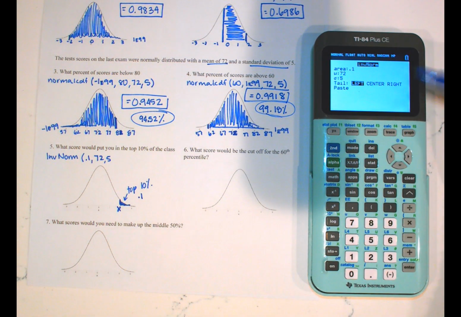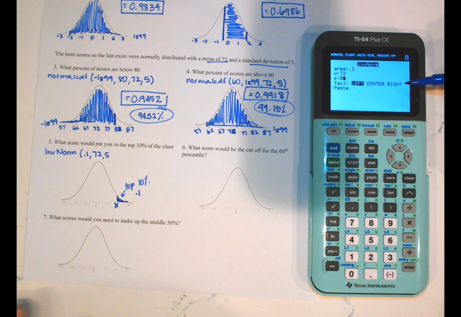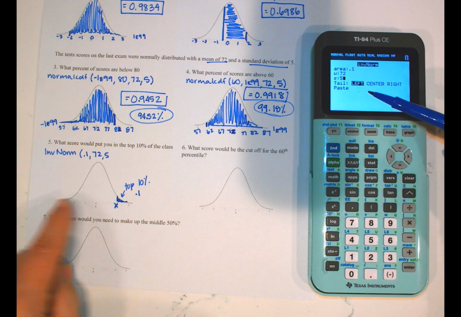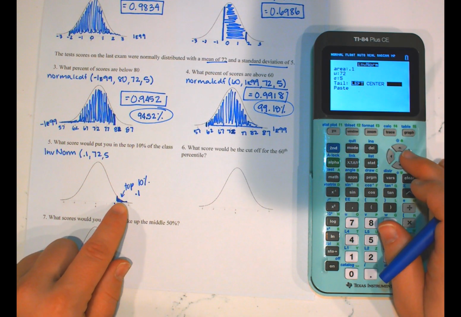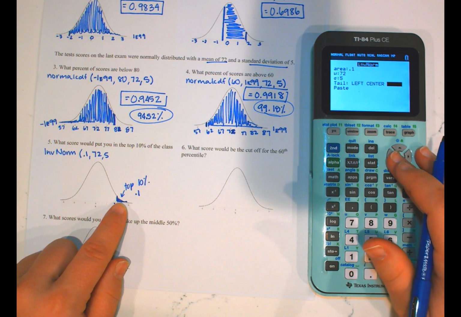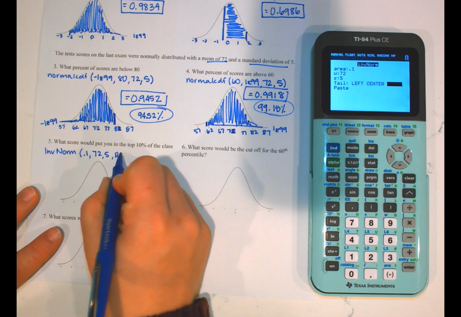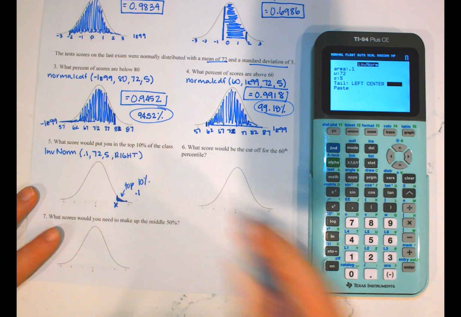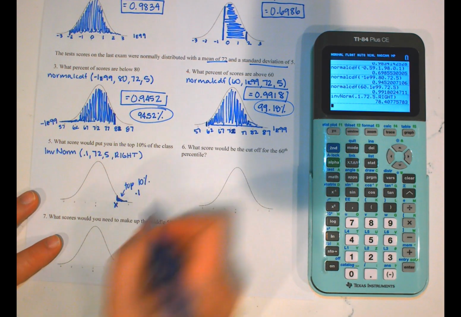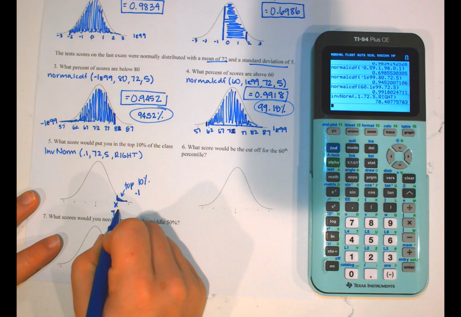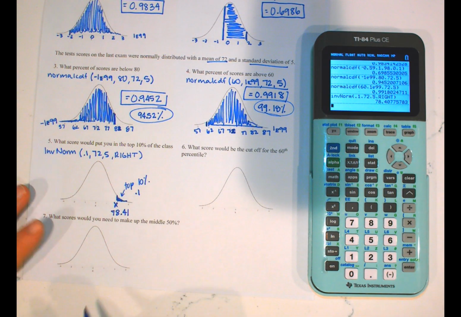This calculator asks me where am I shading in this region? Am I shading on the left, the center, or the right? In this case, I'm shading on the right side of my graph. So I would select right. And then it can find the X value for me. So it says that to be in the top 10%, this cutoff score would be 78.41. So everything above 78.41 would be in the top 10%.